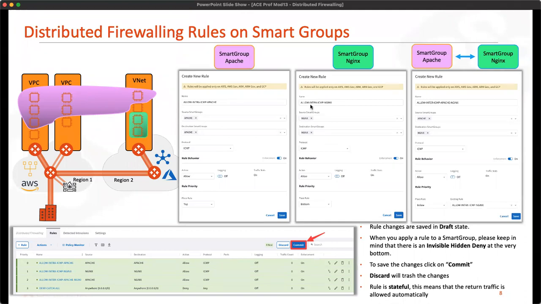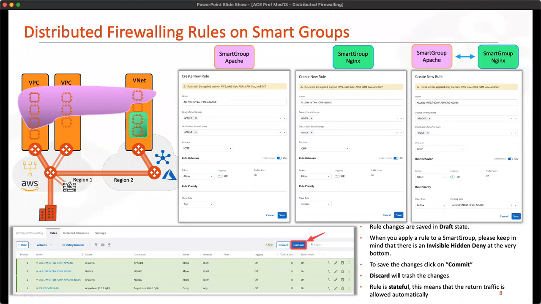And we do the same for Nginx. We allow ICMP between those instances. And then between the 2 smart groups, this is where maybe we can also define the relationship. Whenever you configure a rule, after you save it, the rules by default are saved in a draft state. You will need to commit.